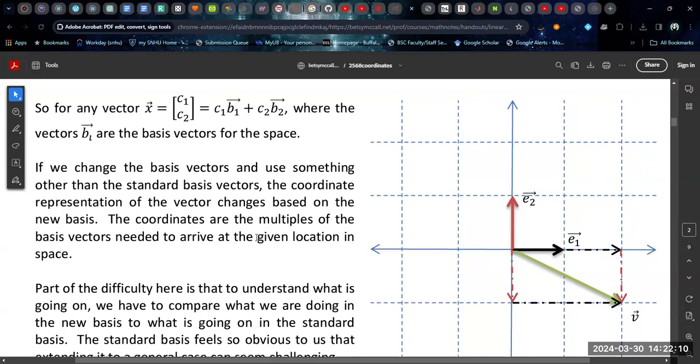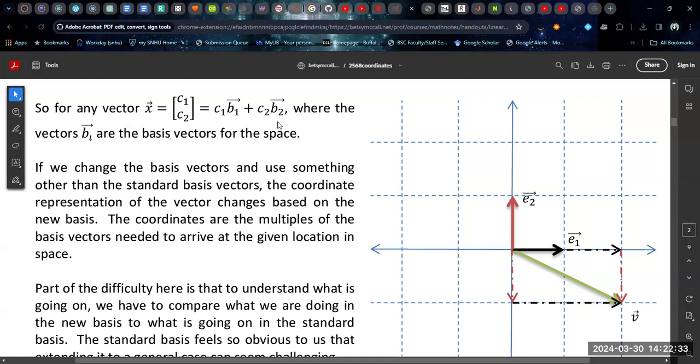Now, it's true that for any vector in any basis system, if I express that vector in that basis, I'm going to express it as the coefficients of the basis vectors in order. So this would represent c1 times the first basis vector and c2 times the second basis vector.